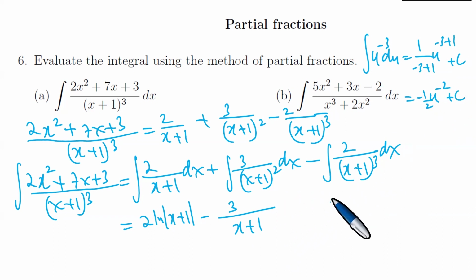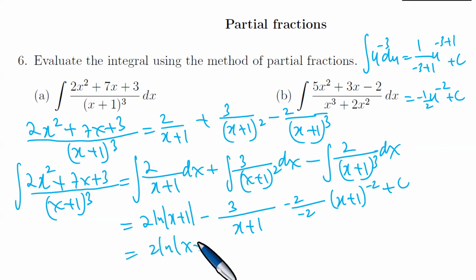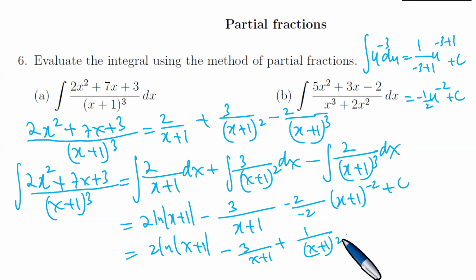So in the end we have 2 ln of x plus 1, minus 3 over x plus 1, plus, if you divide you get a plus, 1 over x plus 1 squared, plus c, and therefore this becomes the answer to question 6a.